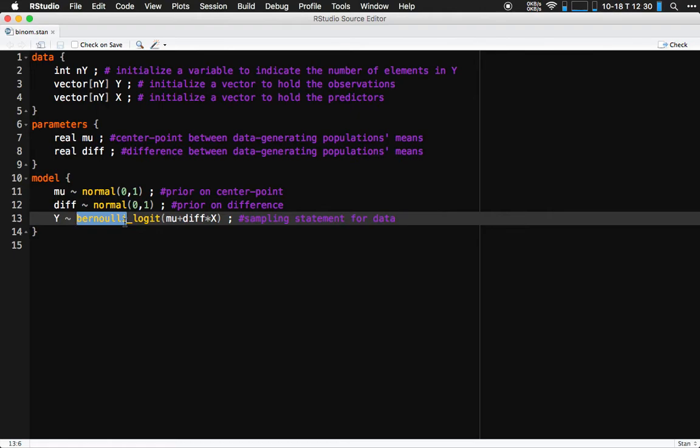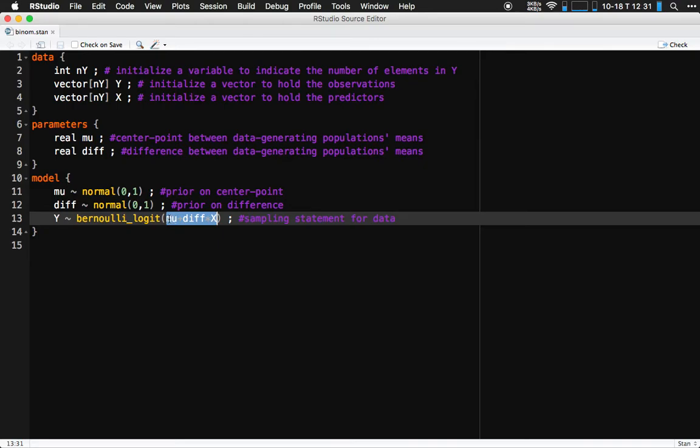A Bernoulli trial is whenever you have something where you can define a probability, like flip a coin with a probability of that being heads, and then 1 minus that being tails, and that will yield a 1 or a 0 outcome. So this Bernoulli logit means that it's expecting the data to be 1s and 0s, with a probability of 1 being the log odds specified in here.